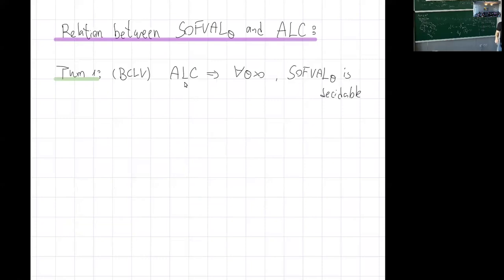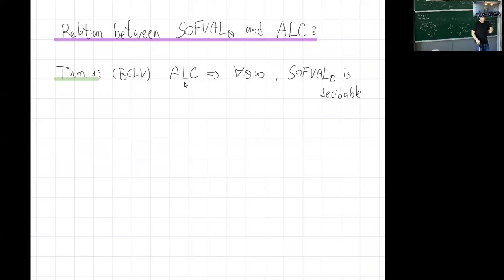Great. Now let me state two theorems. The first theorem is that if the Aldous-Lyons conjecture is true, then no matter what theta you choose, soft value theta is decidable. And we actually construct an algorithm.